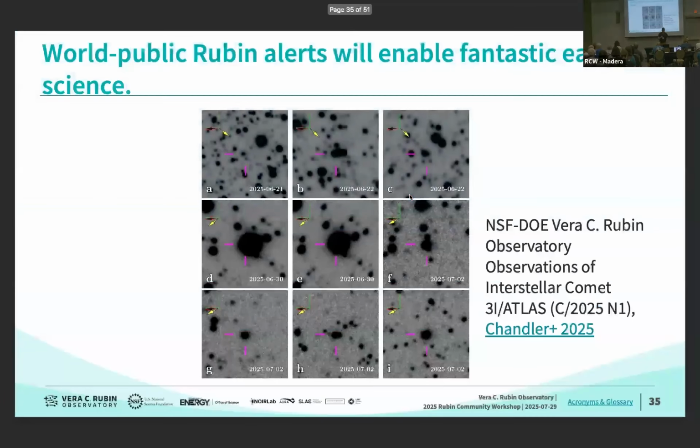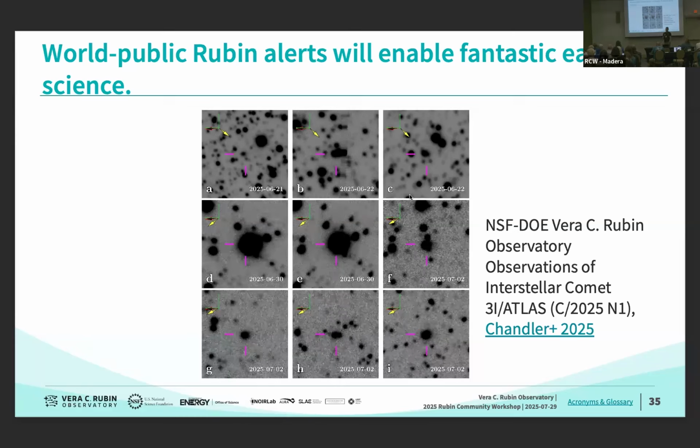All right, so I guess the thing to start with is, we've talked a lot about prospects for early science, but I think it's worth emphasizing that early science has already begun. Many of you have seen or are co-authors on this nice paper led by Colin Chandler, showing some Rubin observations of the 3I interstellar comet.